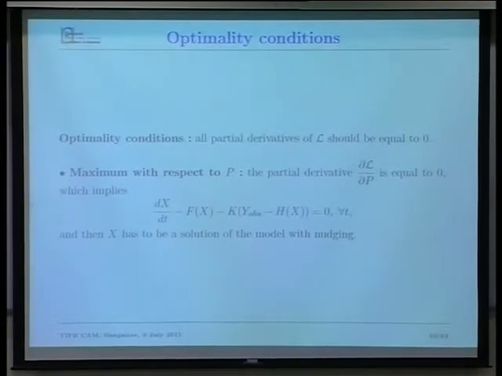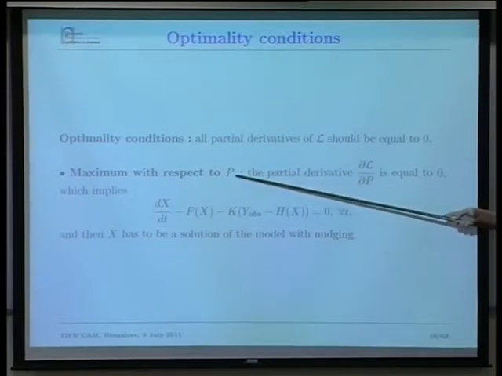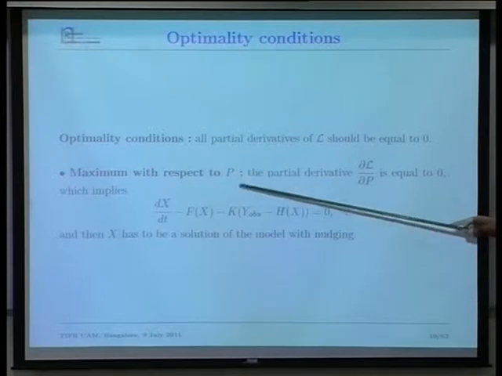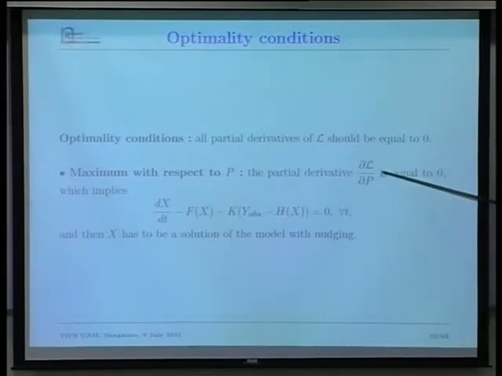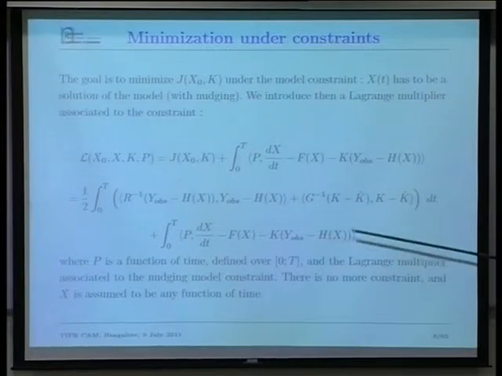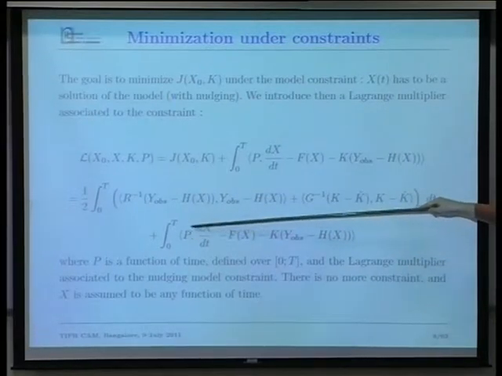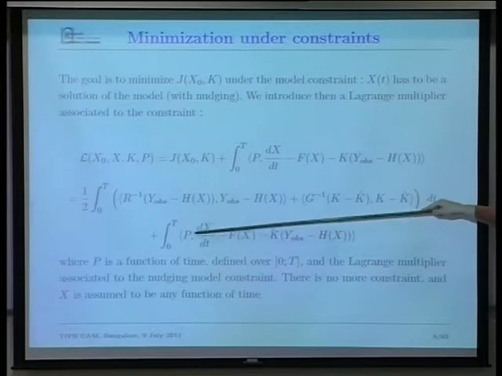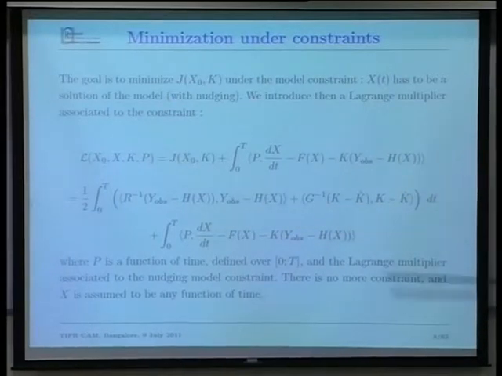So all partial derivatives of L should be equal to 0, and we will compute all these derivatives. The first one, which is the easiest one, is that you want a maximum on p. So the partial derivative of L with respect to p should be equal to 0. If you look at L, the only p is there, and the derivative is simply this term.